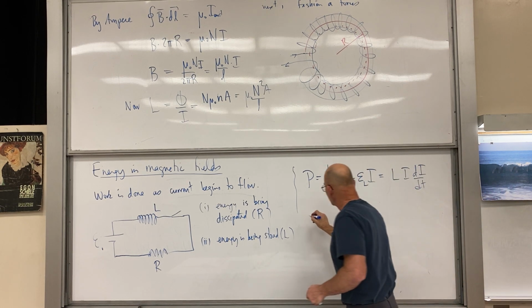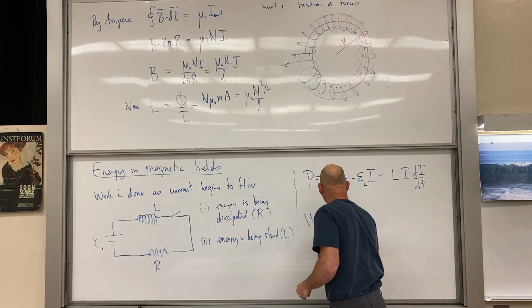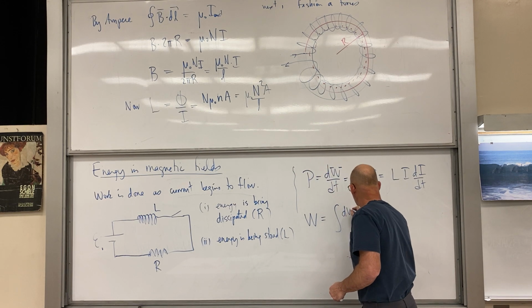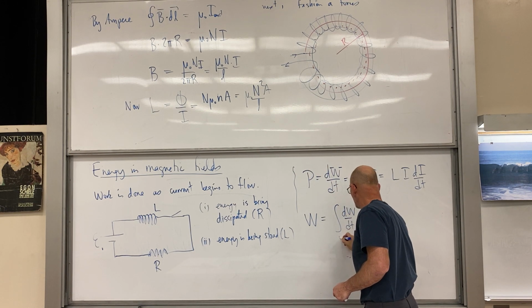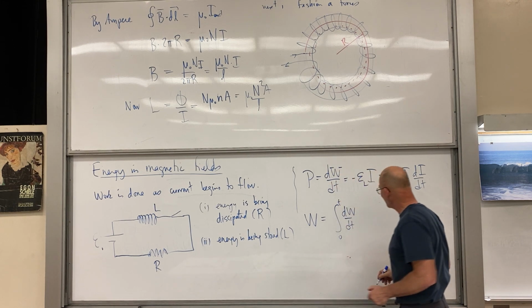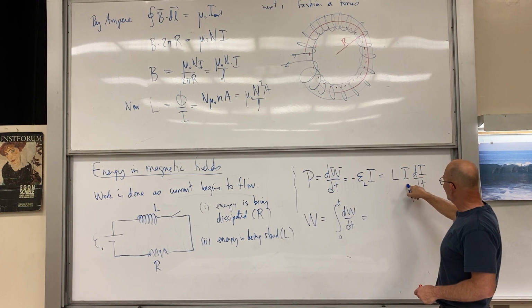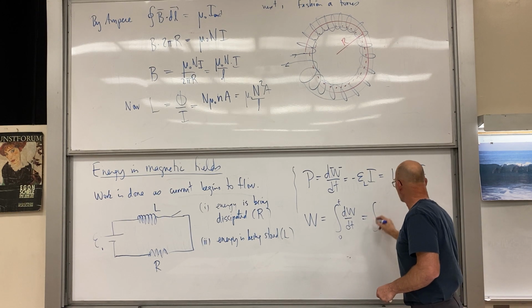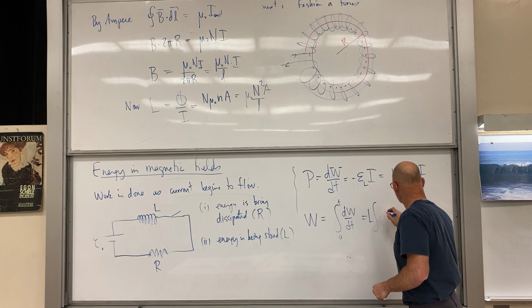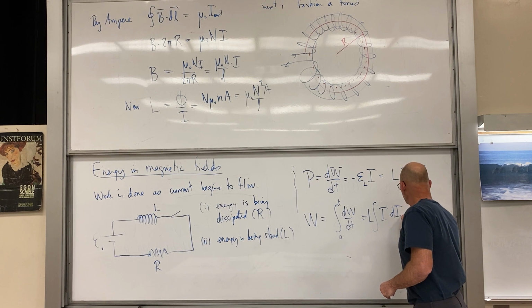So if we integrate this from zero to t, on the one hand we have integral L out here, I dI/dt.